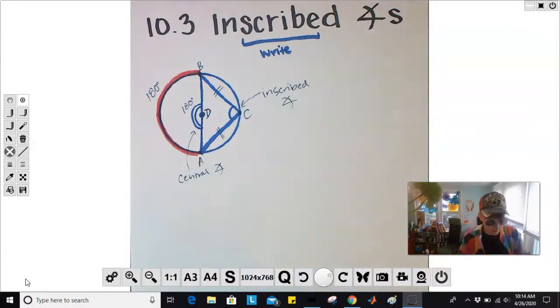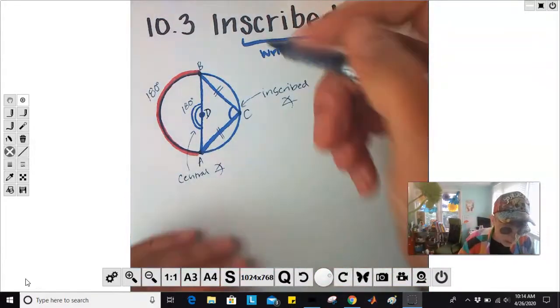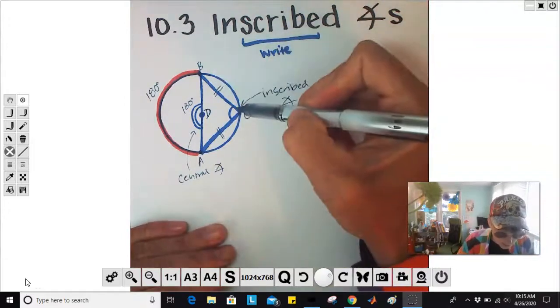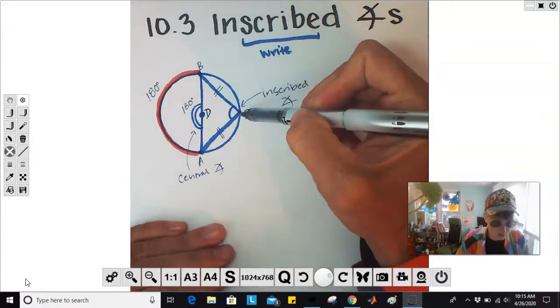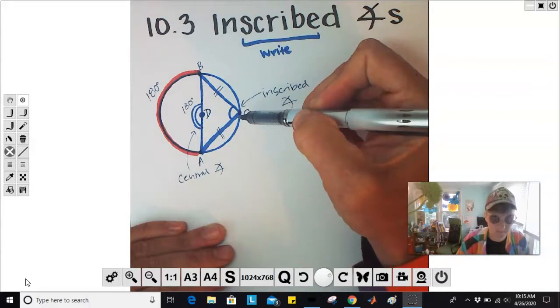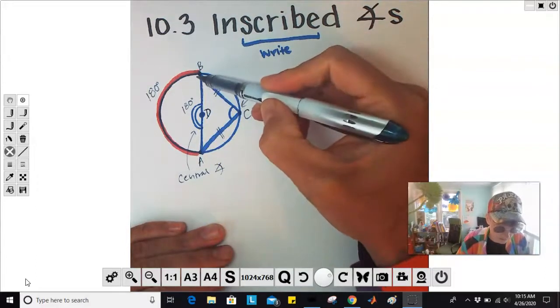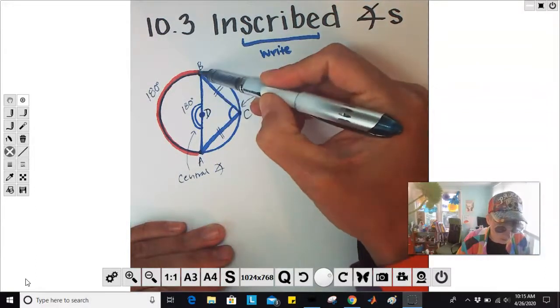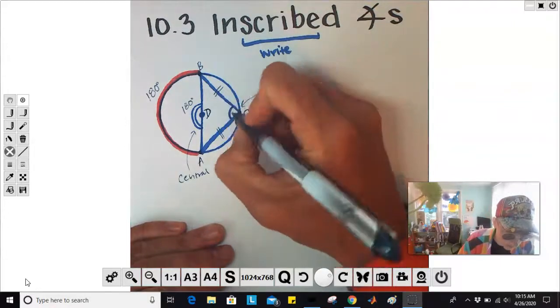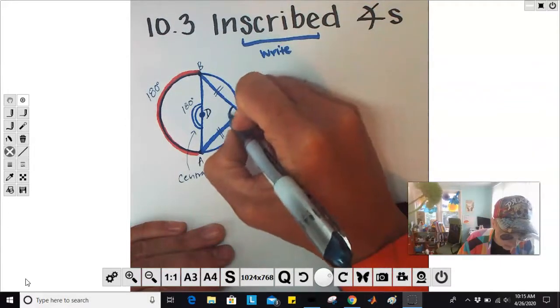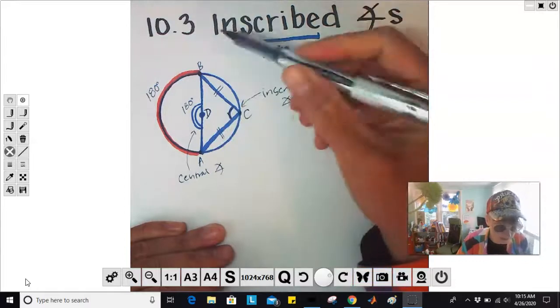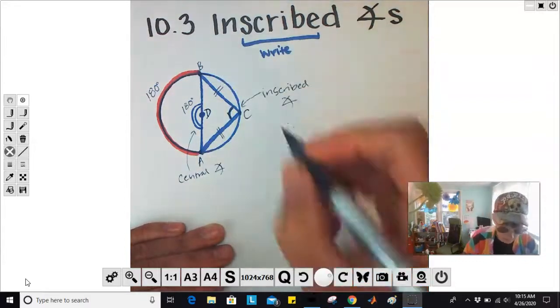Right? It turns out this inscribed angle here is going to be exactly half of the central angle. So this inscribed angle here is going to be 90 degrees because it's exactly half of the central angle.